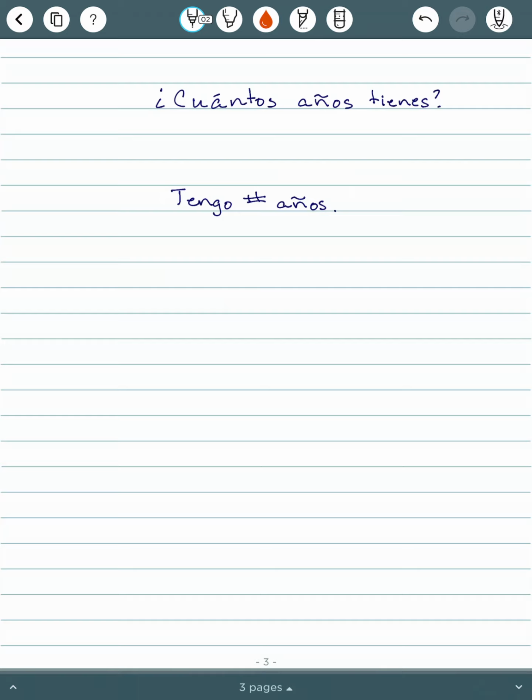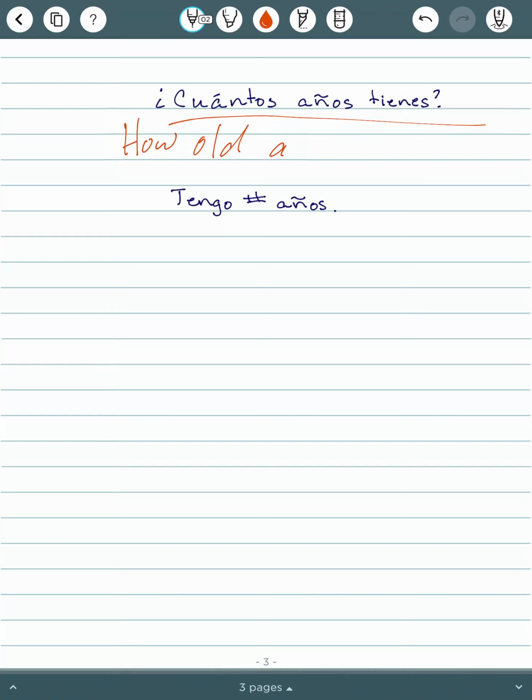So let's talk about a very important question and answer that you have probably already seen at this point that uses numbers. So if we're using numbers, and this is just the beginning of Spanish, we're learning how to say things about ourselves. ¿Cuántos años tienes? is a question that's going to come up. So we translate this as how old are you?